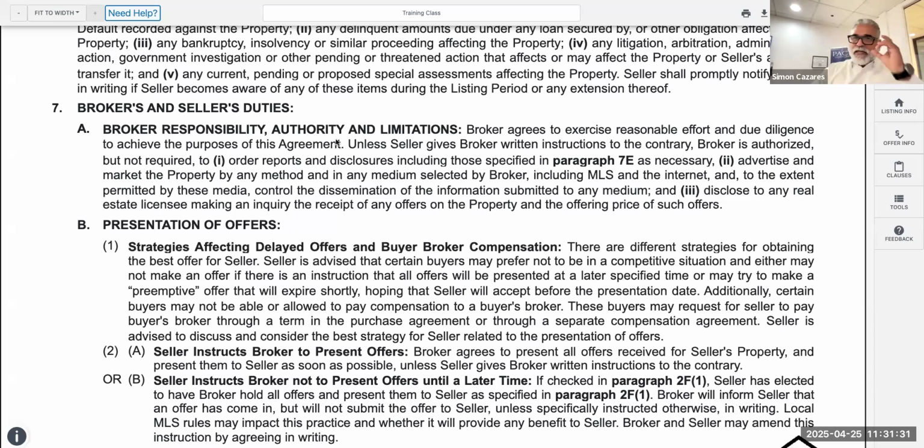Okay. So this is one that I want you to understand because we're limited in what we can and cannot do. It says broker agrees to exercise reasonable effort and due diligence to achieve the purpose of this agreement. What is the purpose? Sell the home.